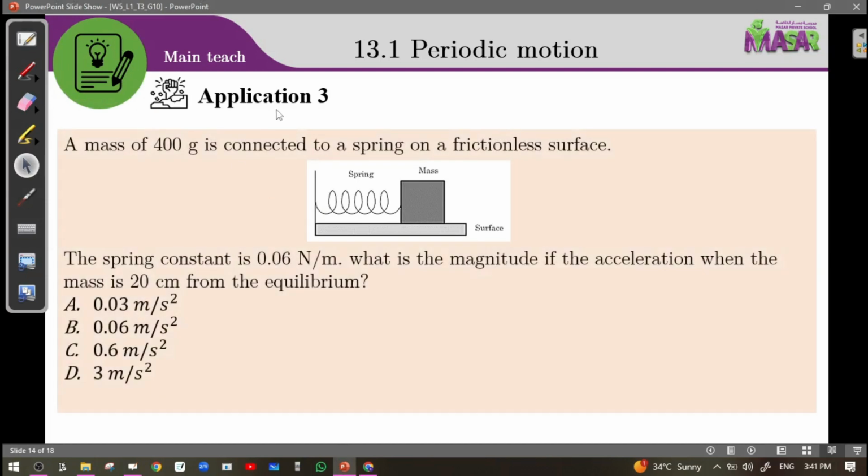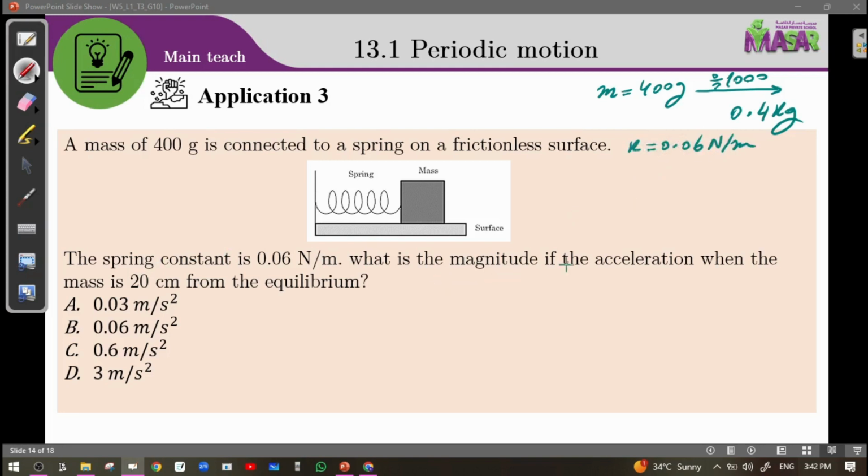Question number 3. A mass of 400 gram, automatically we're gonna express the mass in kilogram. In order to convert it into kilogram, we just divide by 1,000 and the answer would be 0.4 kilogram. It's connected to a spring on a frictionless surface. The spring constant k is given by 0.06 Newton per meter.